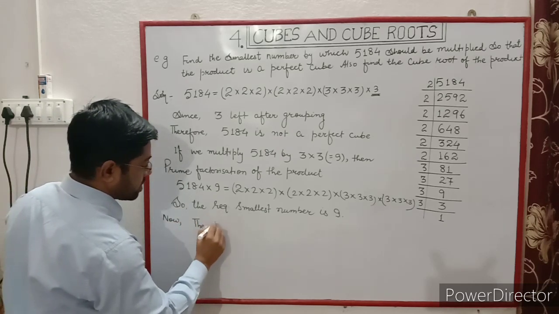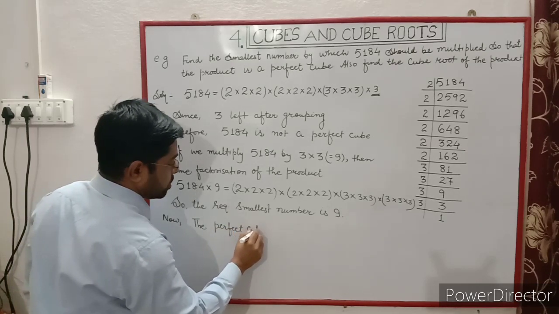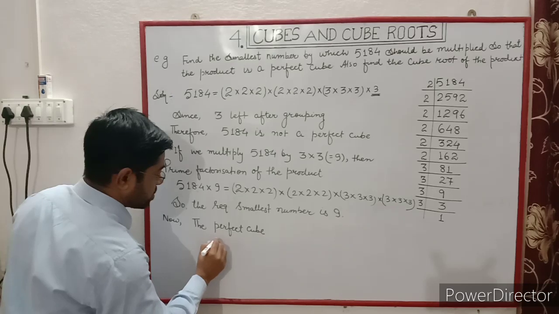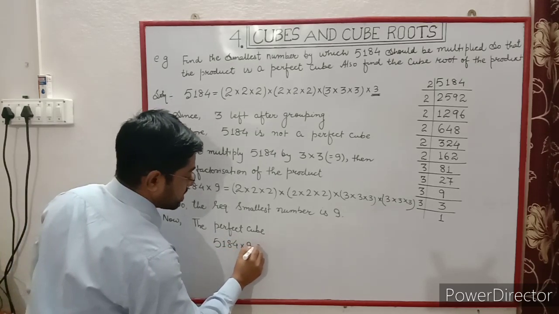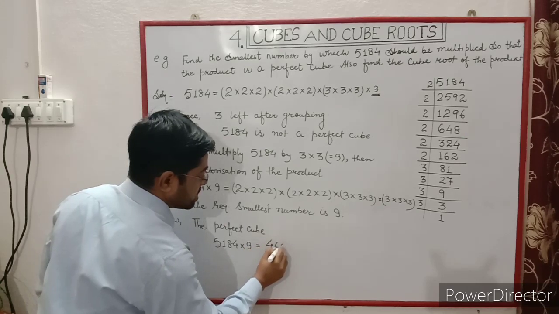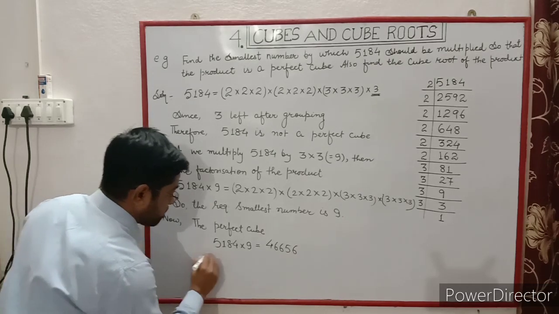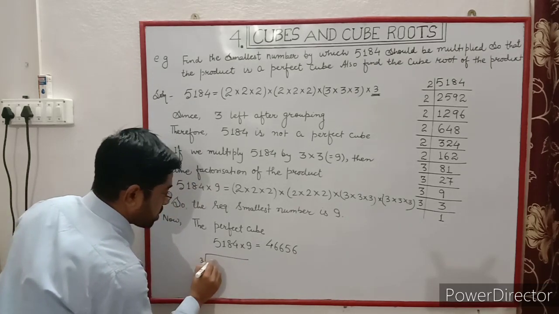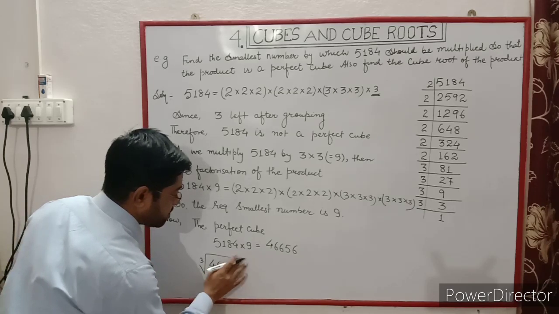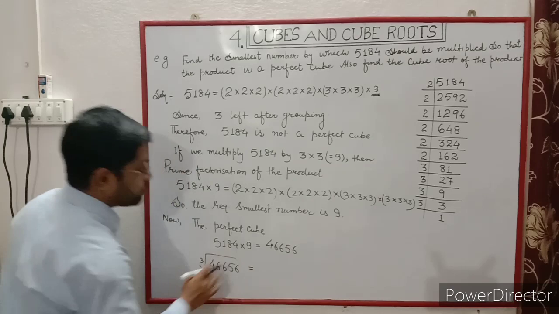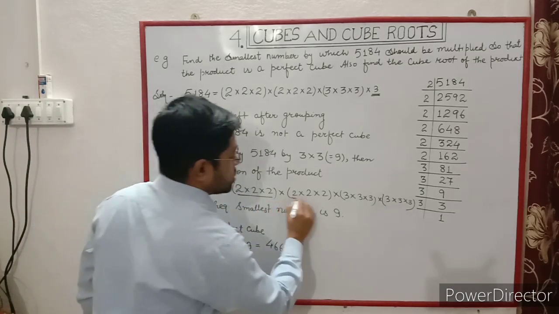Now the perfect cube is 5184 multiplied by 9, we have 46,656. Now cube root of 46,656 is equal to taking one factor from each group.